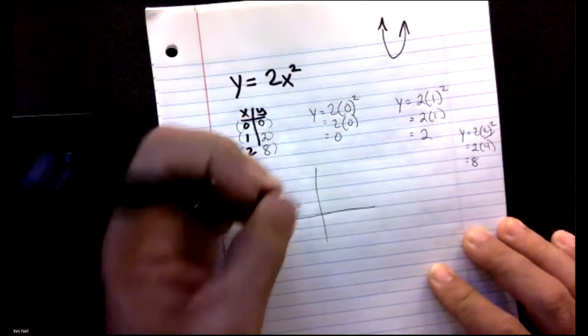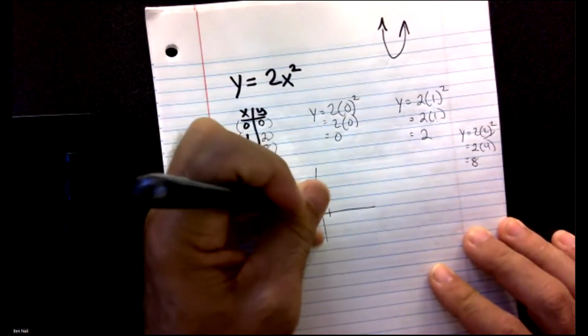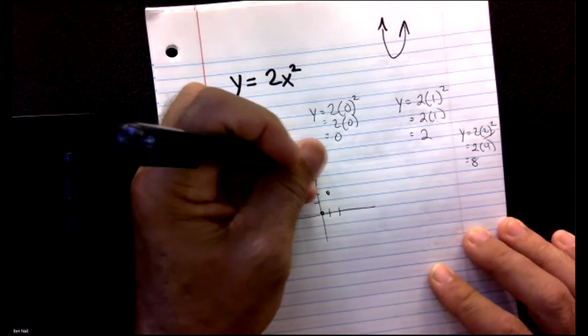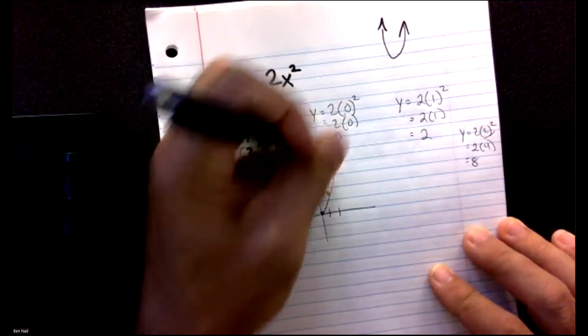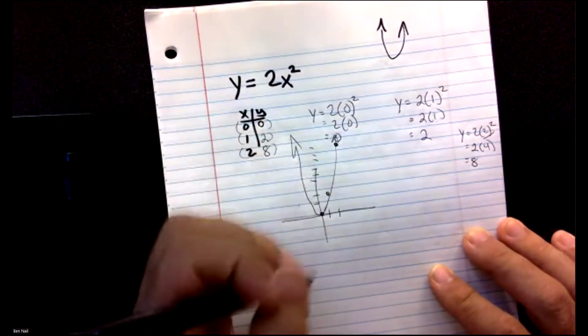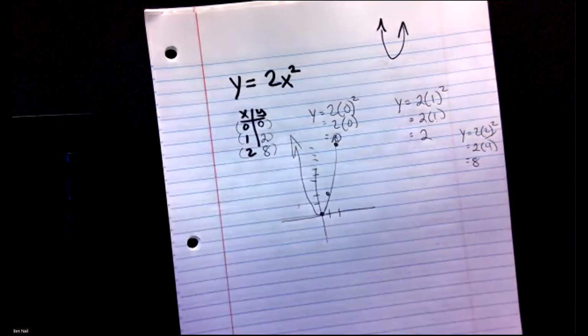I'll show you how that works, but you'll plug those points in so we can graph (0, 0), graph (1, 2), we can graph (2, 8), which 8 is going to be like way up here, and it will connect the dots and draw the parabola where it needs to be. From 3 points, it knows where it's going to break and curve. So even if you would have graphed one of these points over here, it knows how to do all of that.